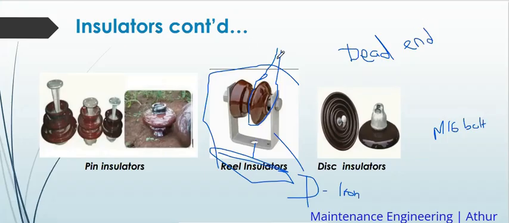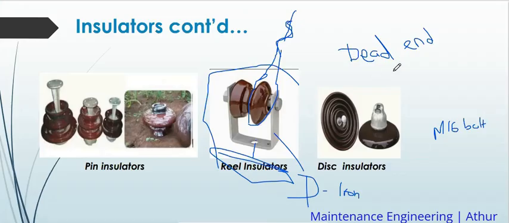This dead end is somehow coiled. So when a conductor comes here, it coils around with it and tightens it. Now this is for LV. What passes in here is called the dead end.